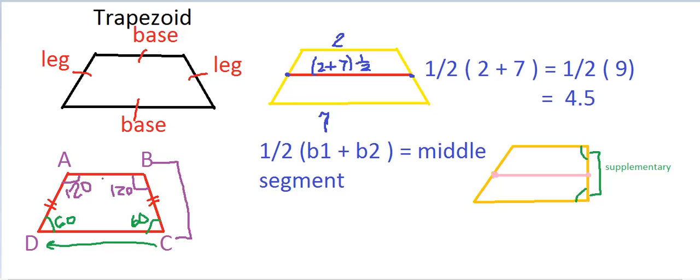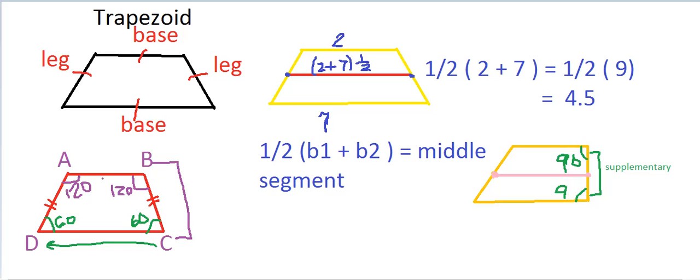So say for example this measures 90. Therefore, this is also 90, right?